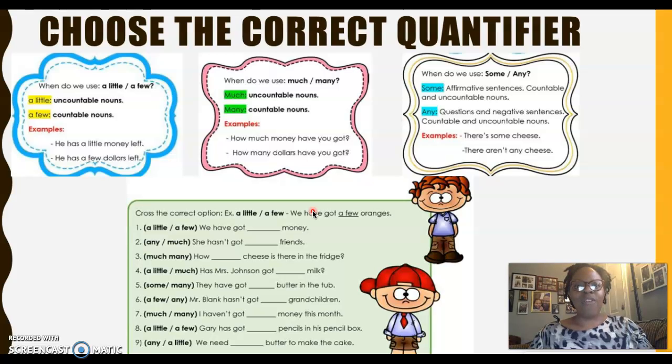Some is used for positive sentences, whether it's countable or uncountable. And any is used for questions or negative sentences using countable or uncountable. And you can sit here and take a moment to pause the video and try and answer those questions there, those sentences, and choose the correct option.